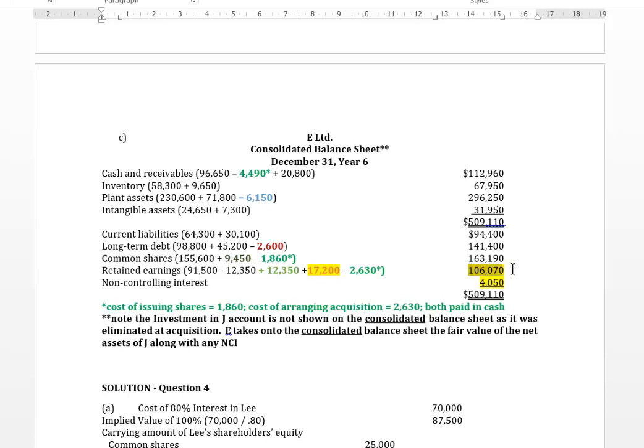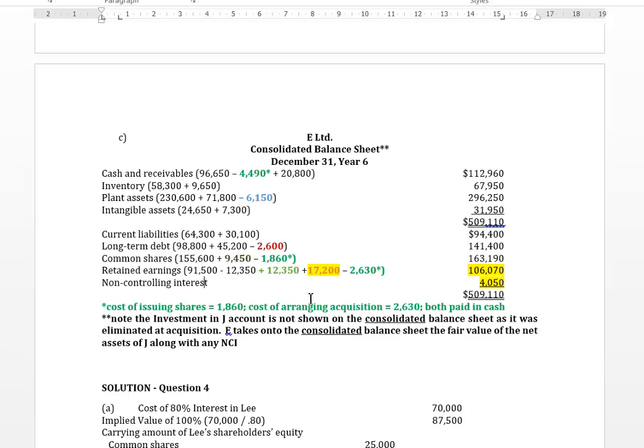That's going to give us a different number here. That's why I've highlighted it in yellow, because we're adding in $17,200. The old number under PCE was different. It was $12,040. So now our retained earnings is $106,070 consolidated.